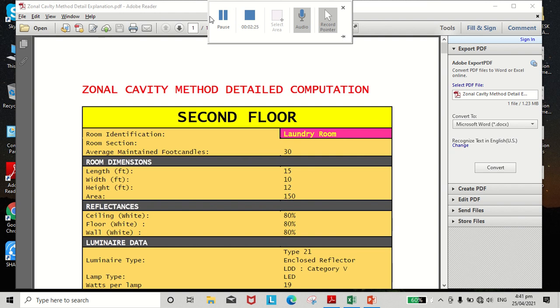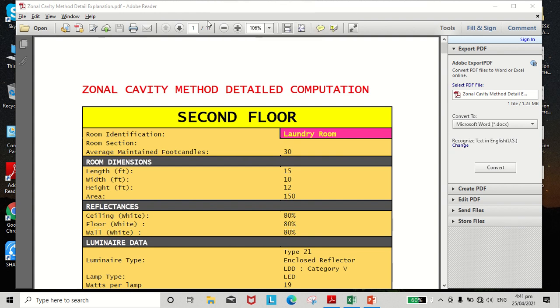For example, we have one room, and someone requires us to find out the required luminaires to be included in it. So we will use this zonal cavity method. This method is the most precise way of calculating the number of luminaires.